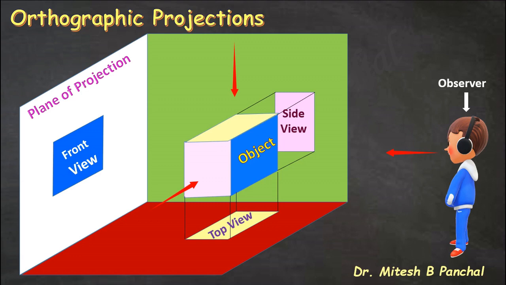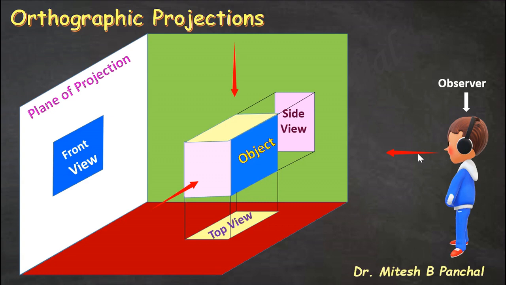So ultimately we can say the orthographic projection is the one in which all the projectors are parallel to each other and perpendicular to the plane of projection. Keeping the position of the object fixed and changing the direction of viewing the object, we will get the different views of the object, or we can say different projections of the object.